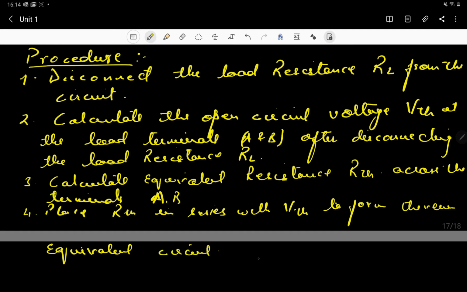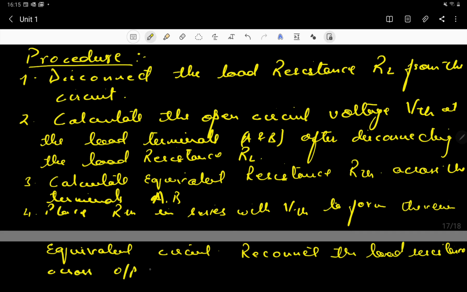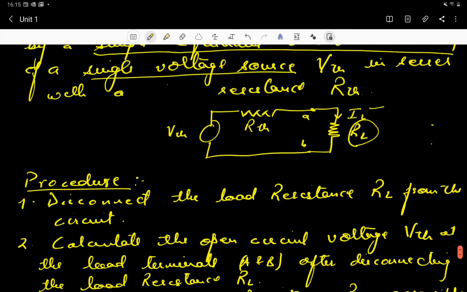Okay, and reconnect the load resistance across output terminals A and B. All right. So these are the four steps which we are going to follow in the Thevenin's theorem.